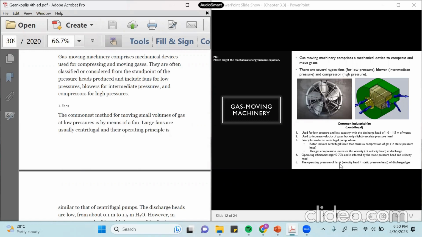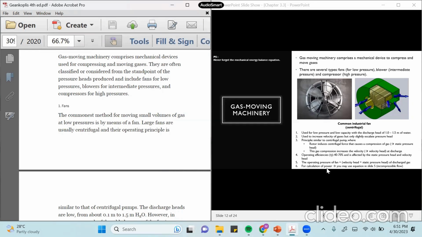The operating pressure of a fan equals the velocity head plus the static pressure head of the discharge gas. So you have to calculate the velocity head and the static pressure head, and sum them up to get the operating pressure of the fan.